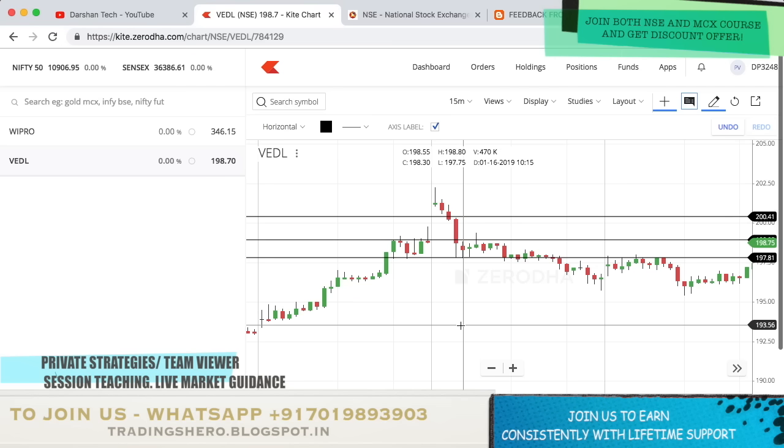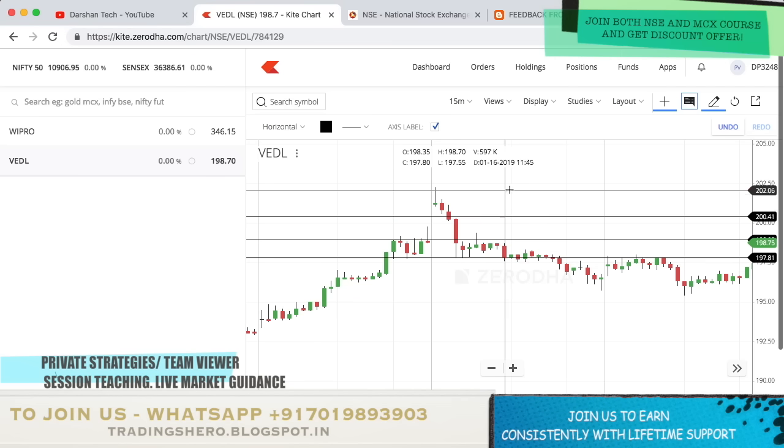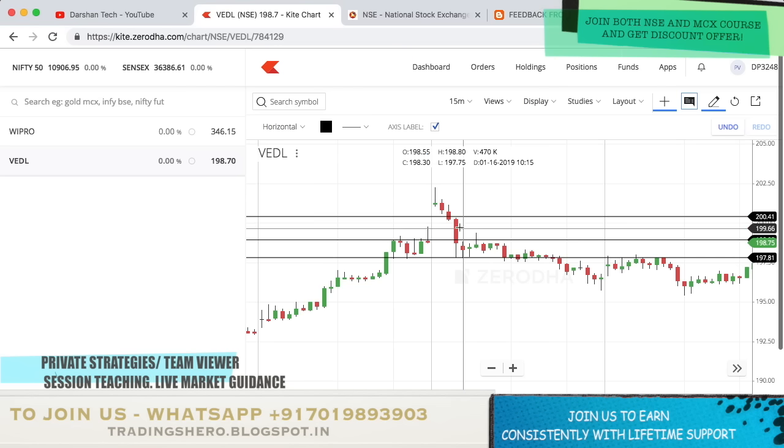So now, if this stock gives a breakout on the buy side, if the stock moves above this line, that is 200.30, we will buy it. But if the stock goes down, we will sell it. If it's breaking 197.80, we'll keep a buffer of 10 to 25 paise and sell it.